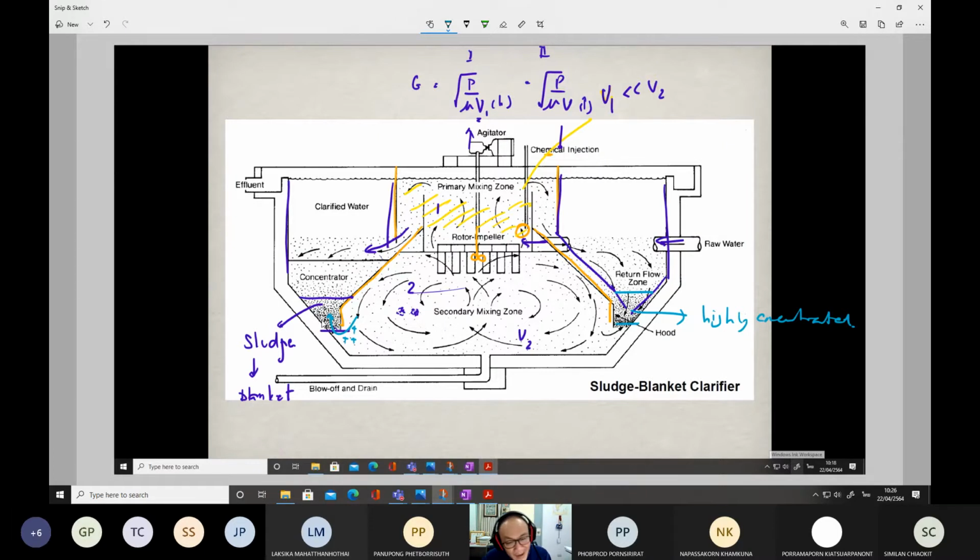Only very fine particles will be moving up, but once they reach the other particles, they settle to the bottom again. So only the supernatant, or clarified water, overflows to the effluent. This is how the sludge blanket clarifier works.